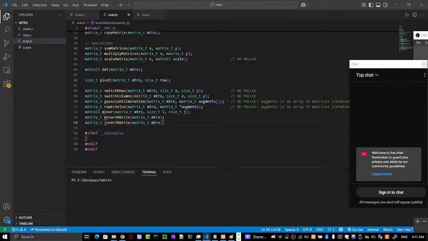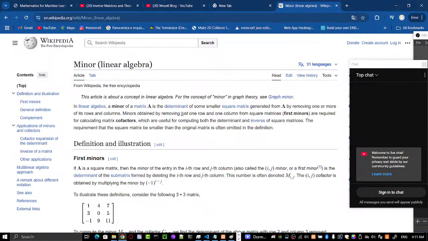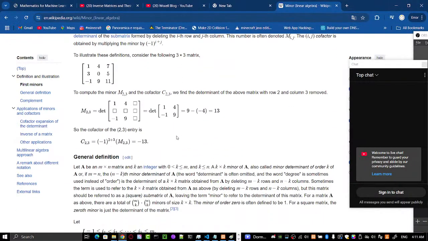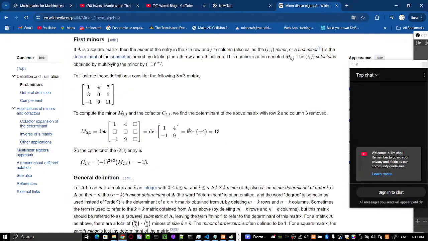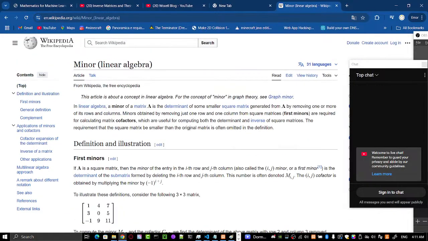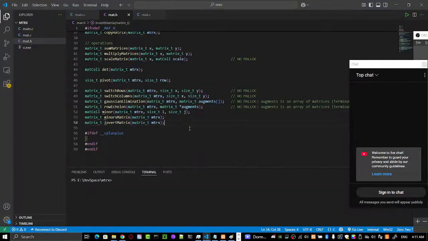But before doing this, I will create another function, right? Probably it's not that convenient.